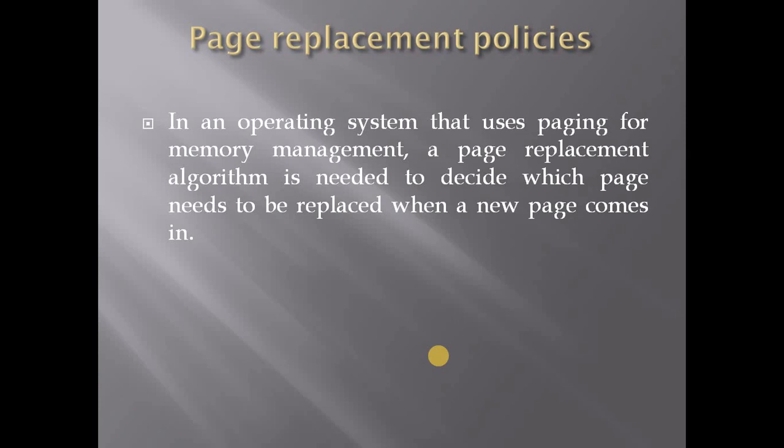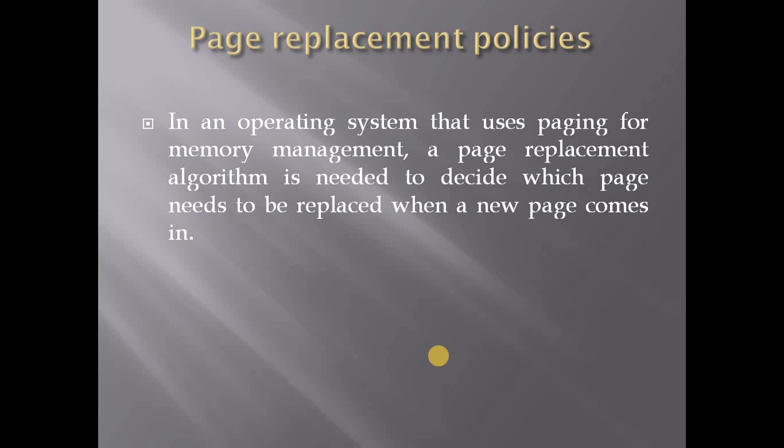Suppose a page is used frequently during the execution of the process. If this page is replaced by a random approach, then it may be needed very soon and need to be paged in again, resulting in more page faults and degrading the performance of the system.